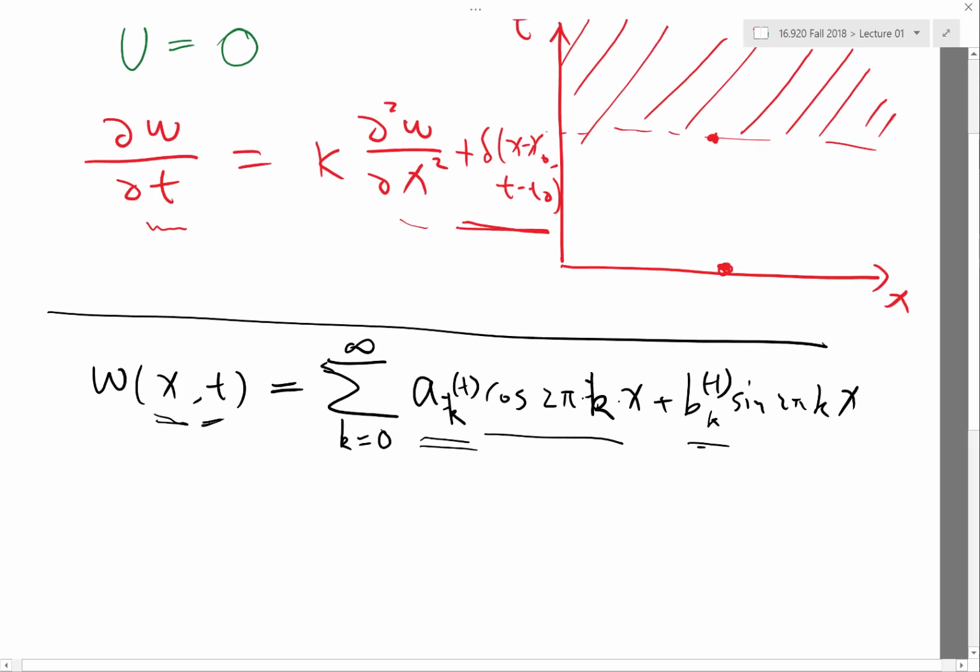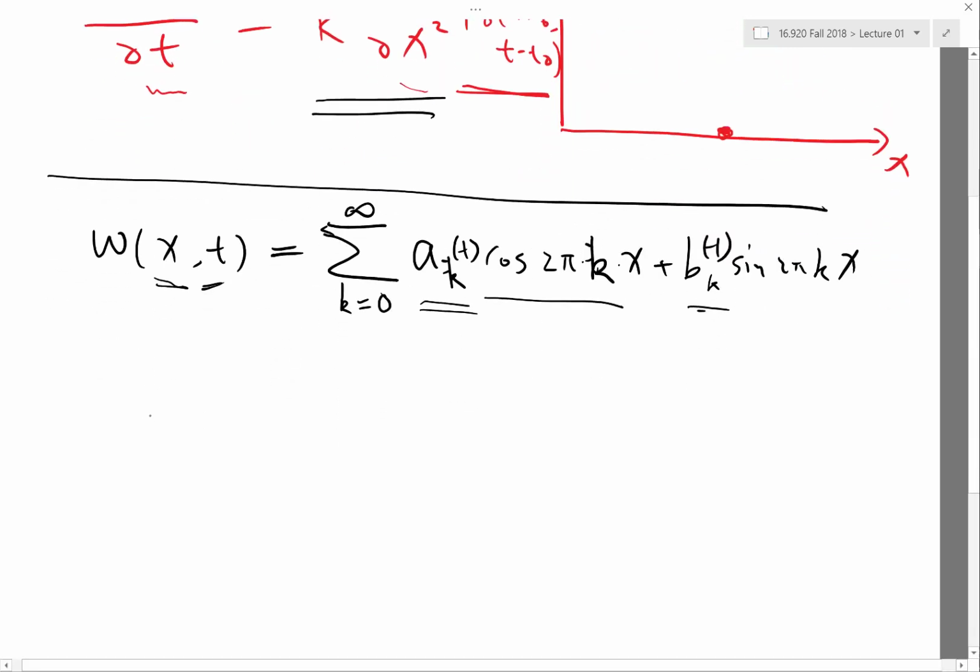So here, for example, if you look at the second derivative, what is the second derivative of cosine ax? Minus a squared times cosine of ax, right? Here my a is 2 pi k.